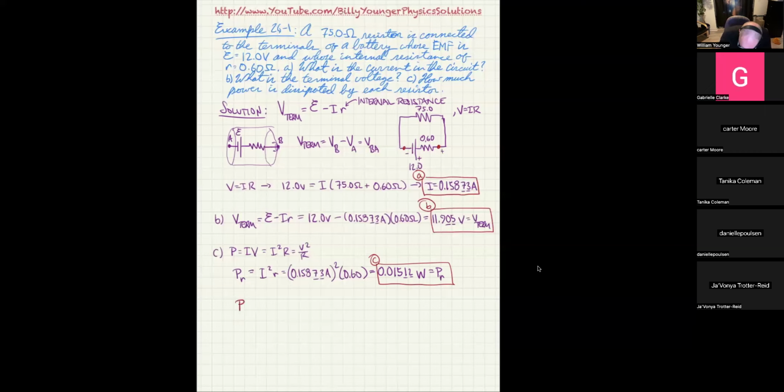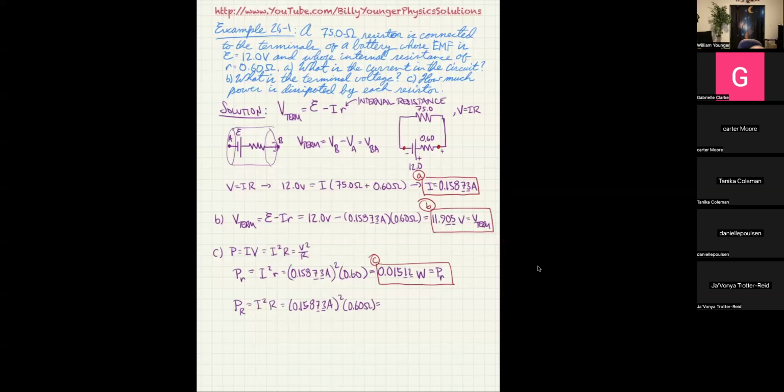So now let's do the other one. Oops. Let's do the power dissipated by the big 75 ohm resistor. So in this case, it's still going to be I squared R, but it's going to be 0.158, two extra digits, 73 amps squared times 0.60 ohms.